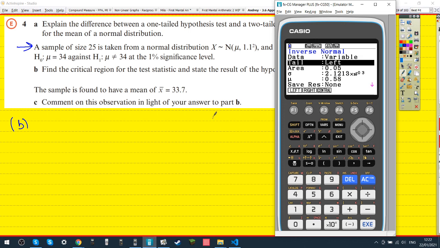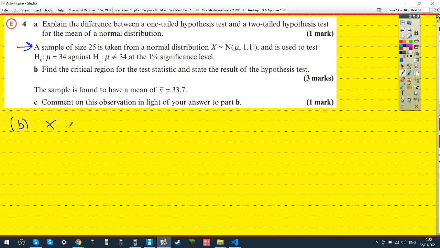I'm just confused about the mean thing. That's the same as, so the mean, that's the assumption that it's 34. For this sample size of 25, so sample X is normally distributed, we assume same mean, and it's out of 25. And so you have to say what values will give you a 1% level of significance.